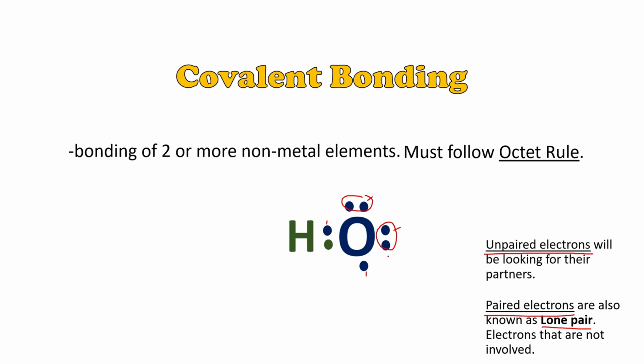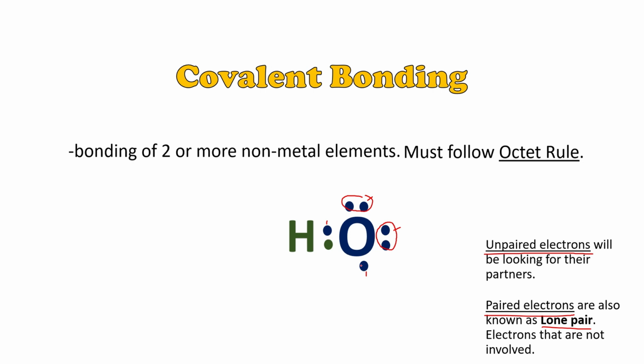The way they do the bonding, they're going to share their electrons to acquire the octet rule for each atom, except for hydrogen. Hydrogen only needs two electrons to be stable. But this oxygen here doesn't have eight electrons yet.